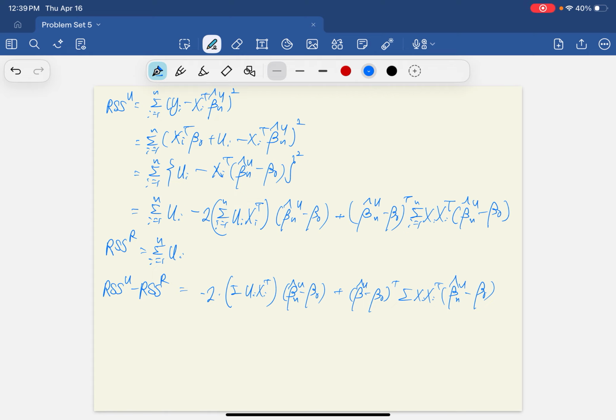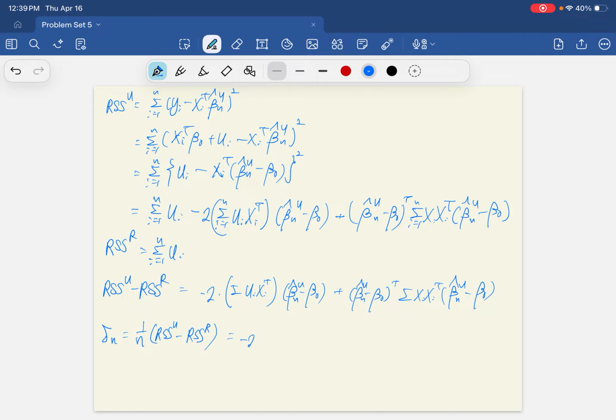Of course, beta hat is always the unrestricted estimator. Okay, and now let's define delta_n to be 1 over n times (RSS_U minus RSS_R).